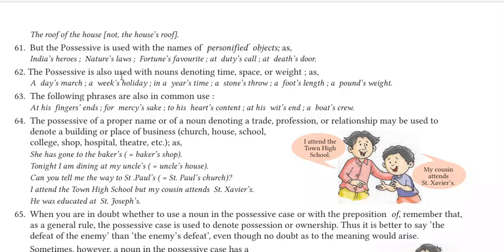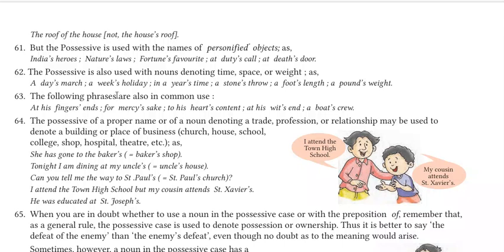The possessive is also used with nouns denoting time, space, or weight, such as a day's march, a week's holiday, in a year's time, a stone's throw, a foot's length, and a pound's weight.